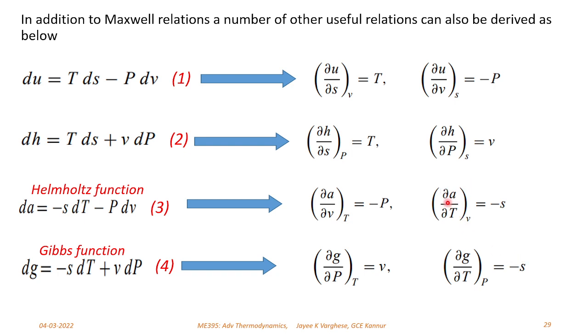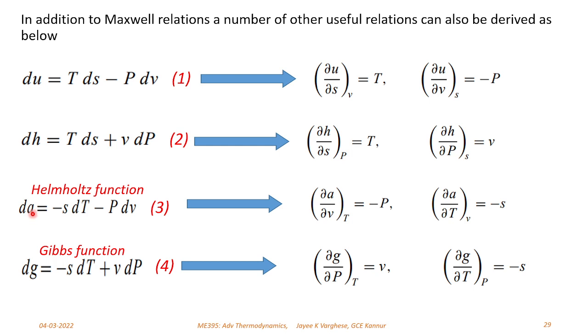Depending on whether it's a capital letter or small letter, entropy, internal energy, enthalpy, etc. also become correspondingly small letter specific terms. So now also from the other combinations like the Helmholtz function, I think you remember the relation. Here it is represented by A.